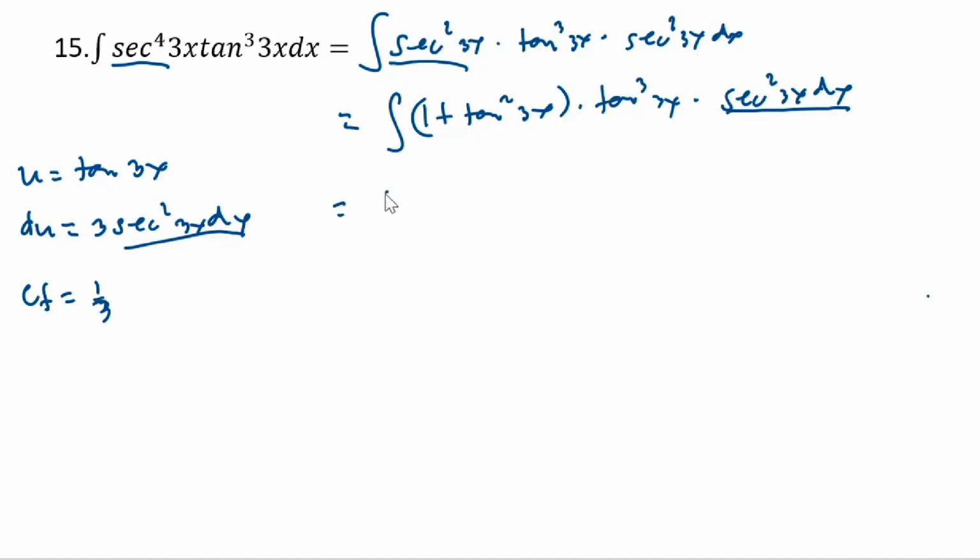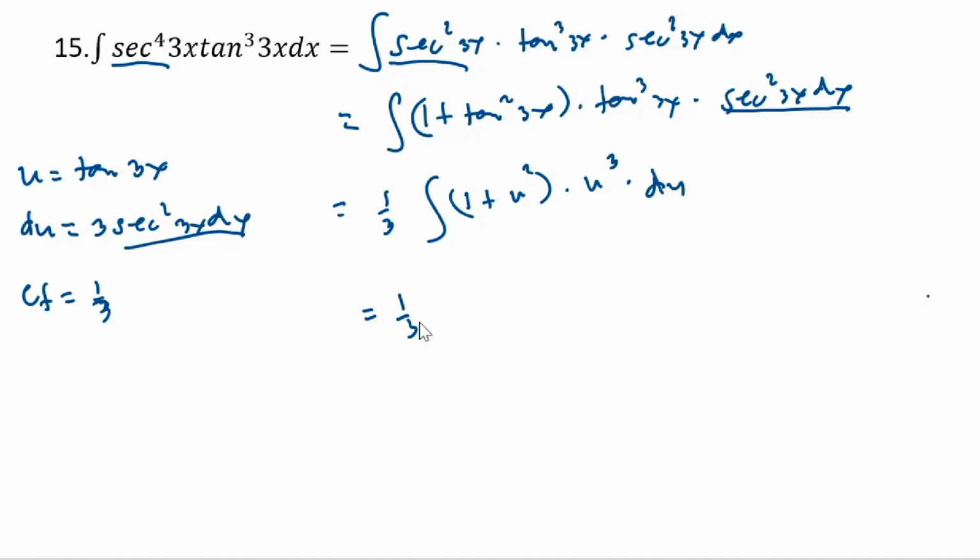So we're going to write now 1/3 the integral of 1 plus u squared times u to the third power times, and secant squared 3x dx is du.